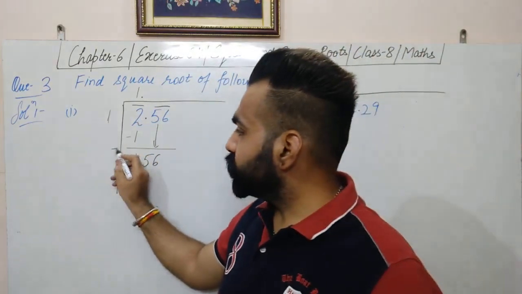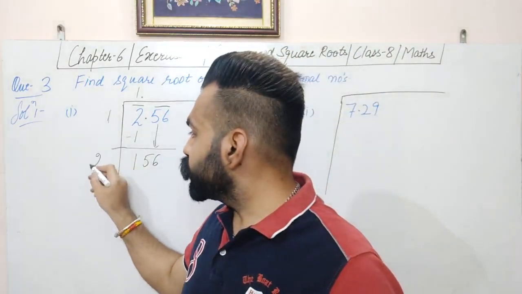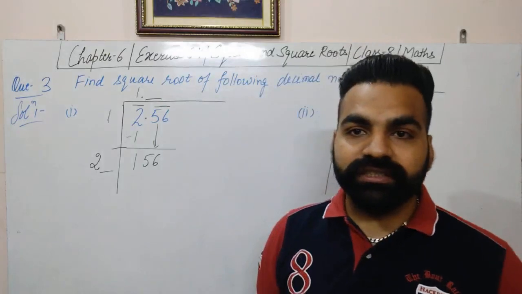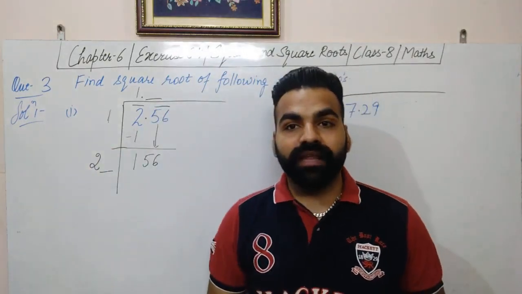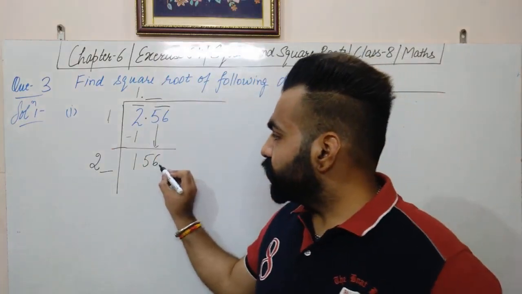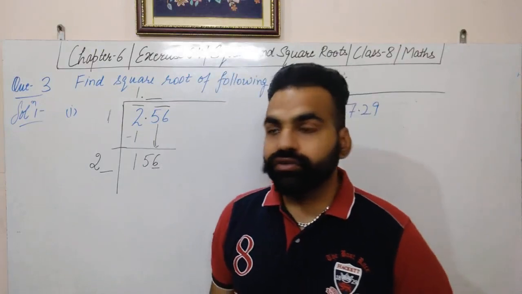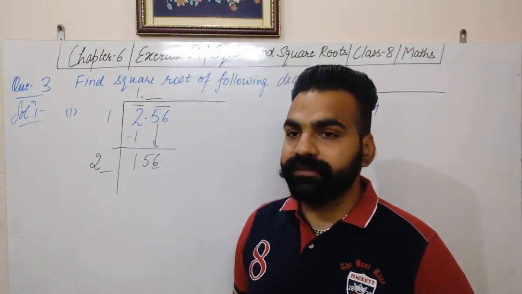Next we will double the divisor. Double of 1 is 2 here, and we will put a blank here. The same procedure: we have to take the same digit in both of these blank spaces. Since the unit place here is 6, there are only two choices for this, one is 4 and one is 6.